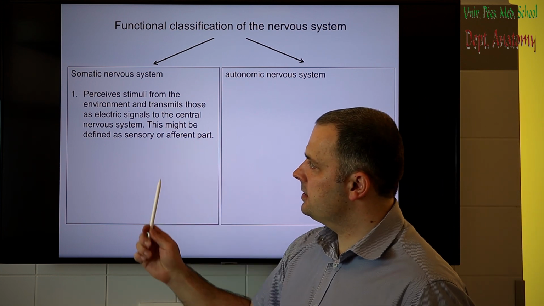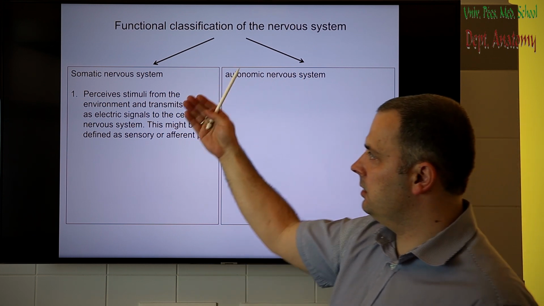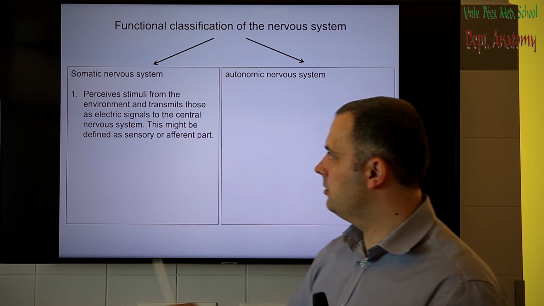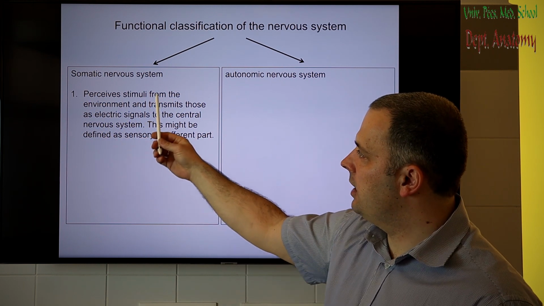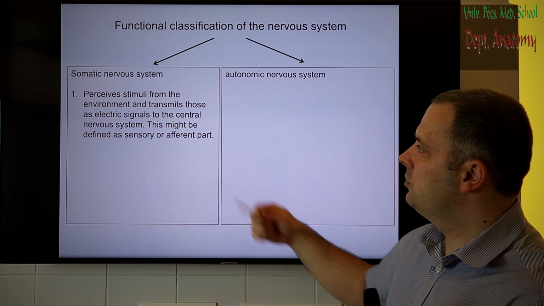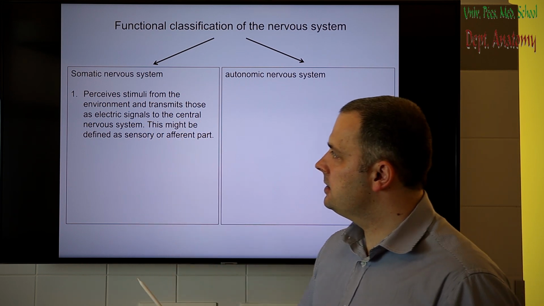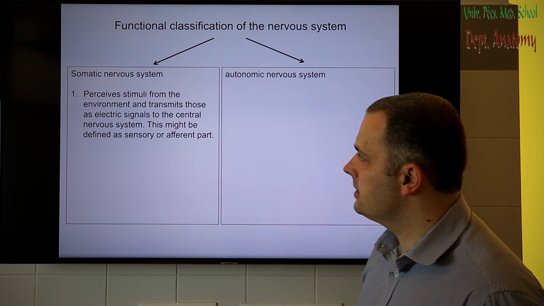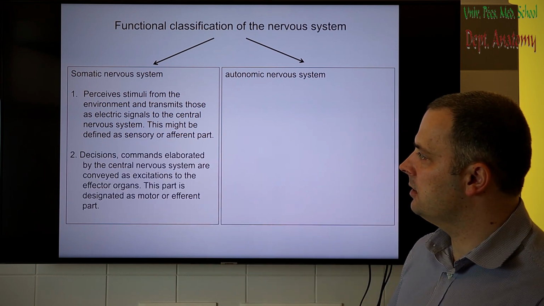In the somatic nervous system, the signal comes from the environment, and the somatic nervous system picks up this signal from the periphery. It will collect the stimuli from the environment, translate it into electric signals, and finally it is transported to the highest order centers, and this is the sensory part of the somatic nervous system.